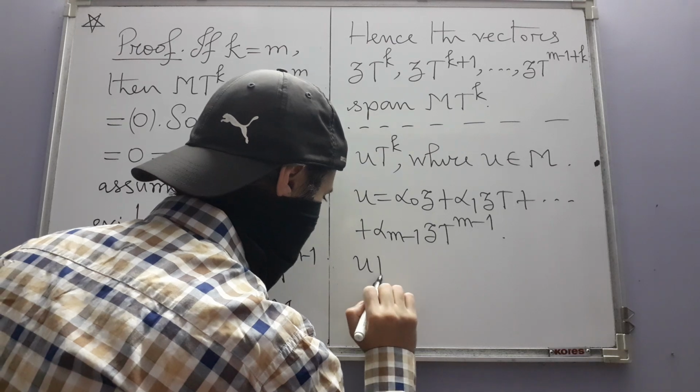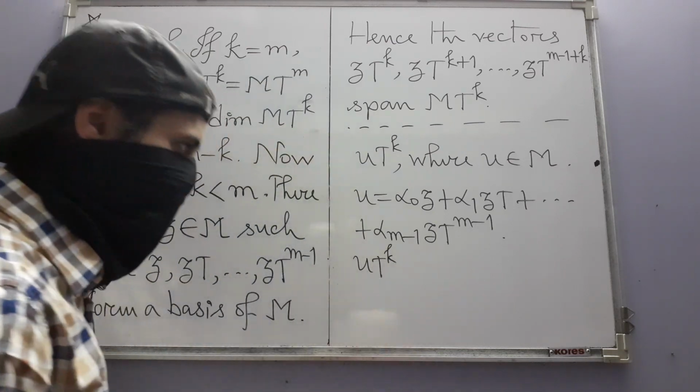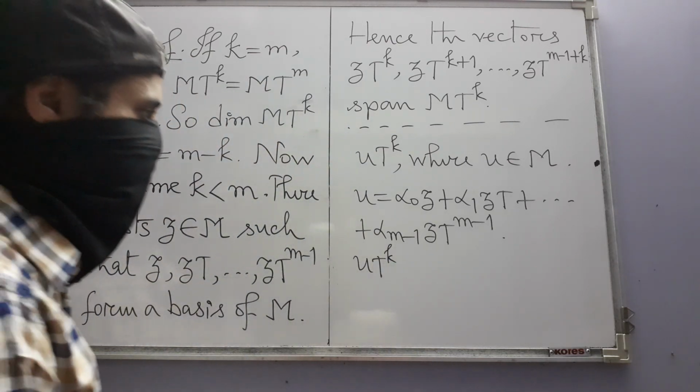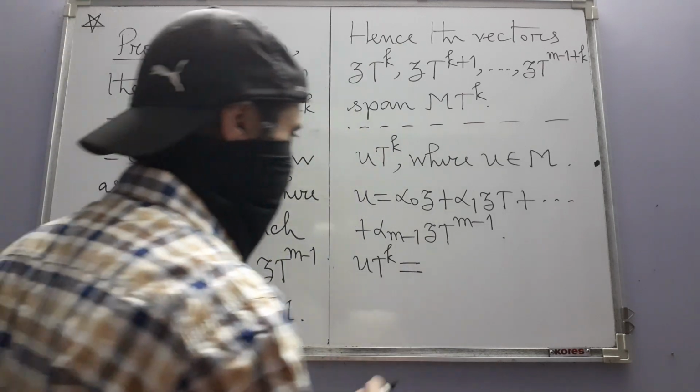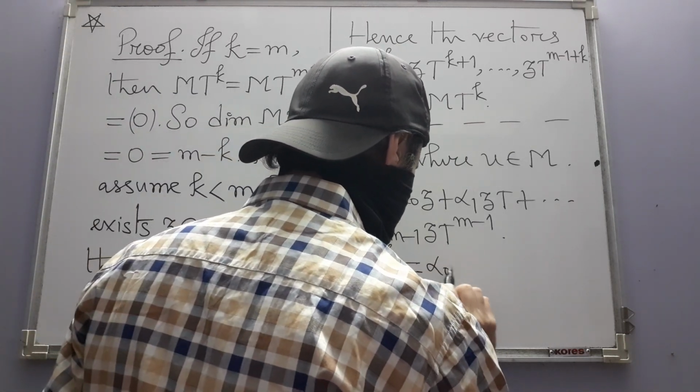Now, using the fact that T to the power k after all is a linear transformation, so applying all the axioms and everything, ultimately you get this.